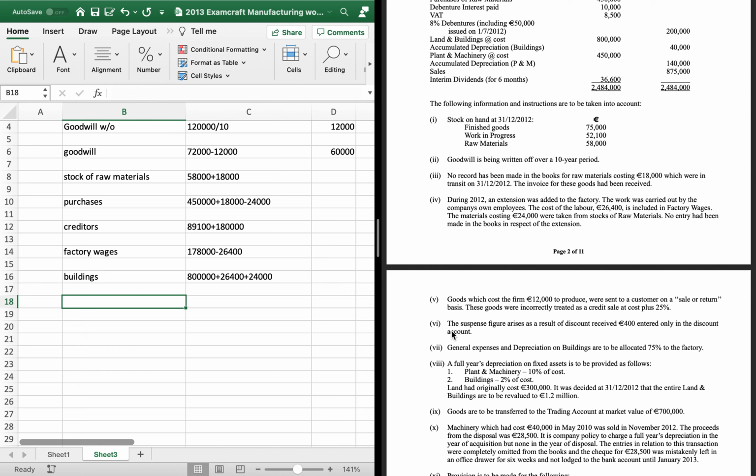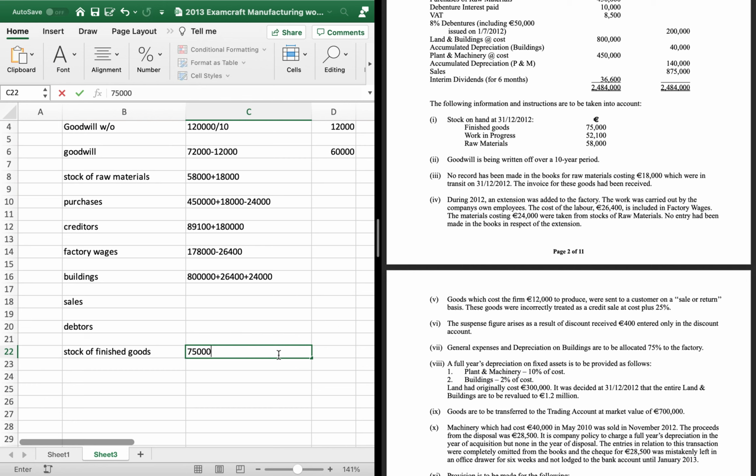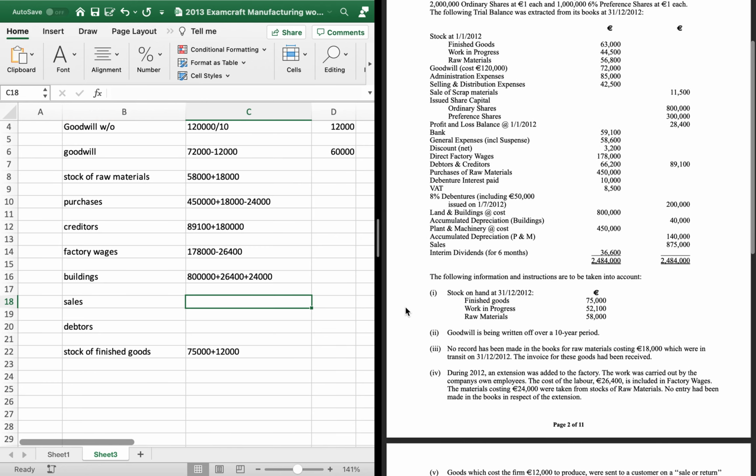Number 5, goods which cost the firm 12,000 to produce were sale or return. So that's sales and debtors have to go down, and stock of finished goods has to go up. So stock finished goods is 75,000, and that goes up by the cost price. So in this question, the cost price is 12,000, so that gets added in, and then the sales goes down by the selling price.